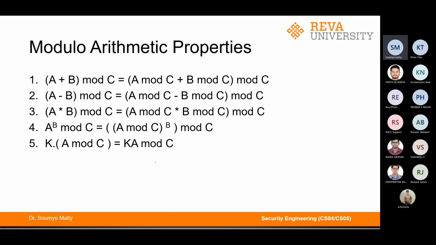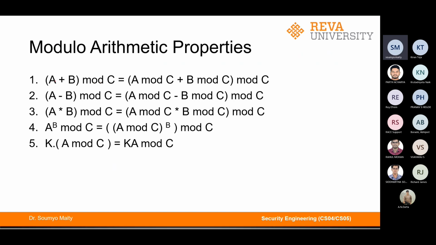Now we never thought about this modulo arithmetic, but if you just try to figure it out, you will actually prove all the five properties. A plus B mod C equals A mod C plus B mod C, whole mod C. It's very simple. If you divide A by C, there will be a remainder. B divided by C will also have some remainder.